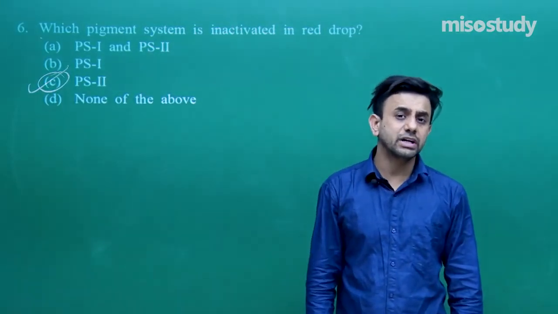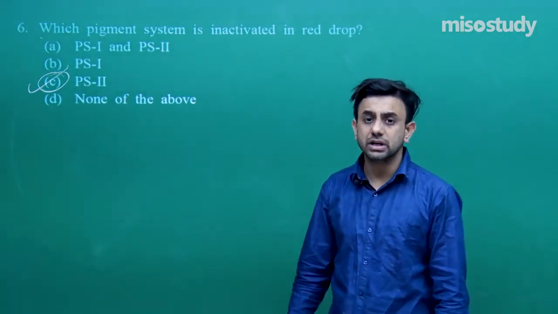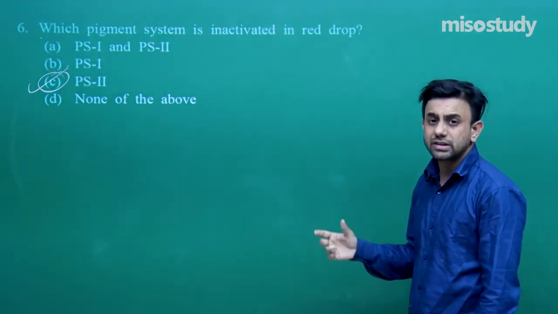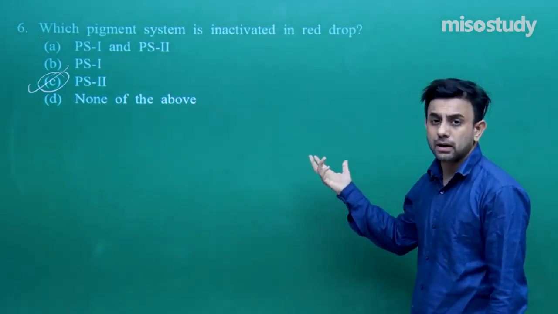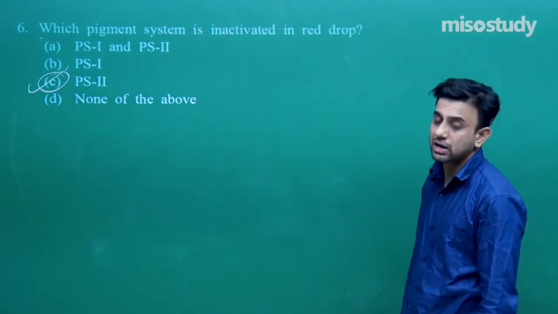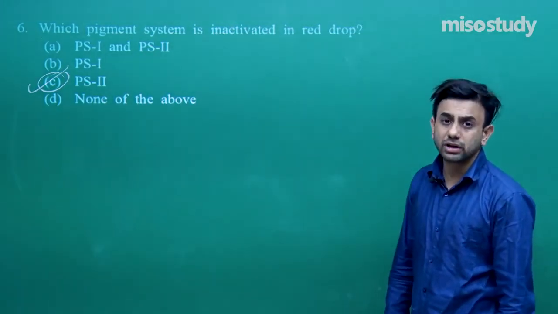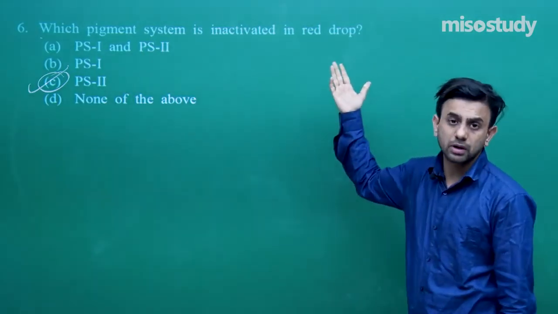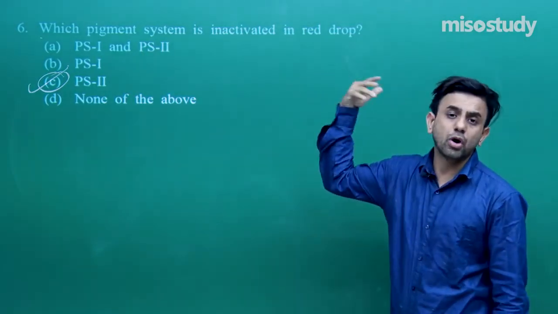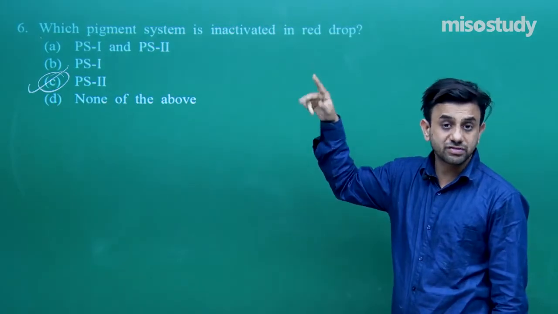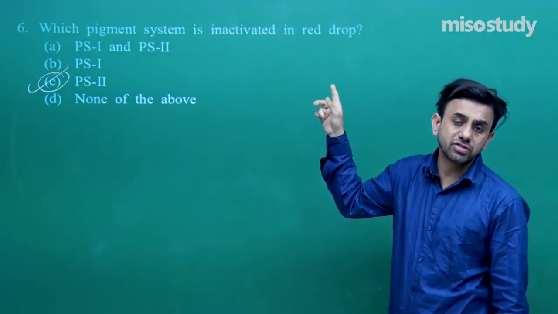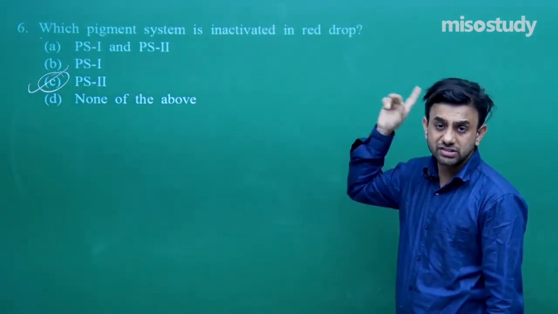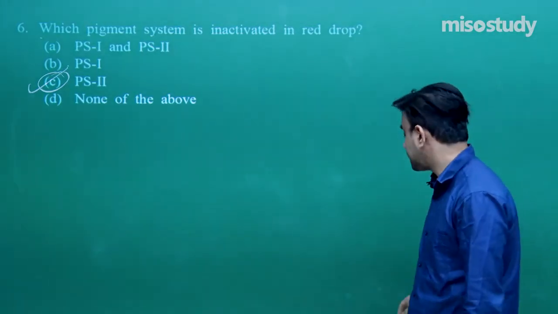Beyond the 680 nanometer, the process terminates, and photosynthesis actually does not happen at that point in such a great way, and so we say it's a red drop, because there is termination beyond 680 nanometer PS2. PS1 was 700, which was involved in the cyclic photophosphorylation, and PS2 is 680 nanometer.